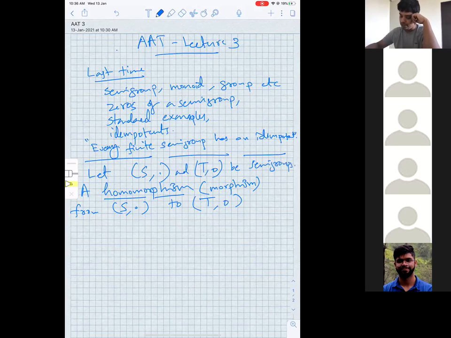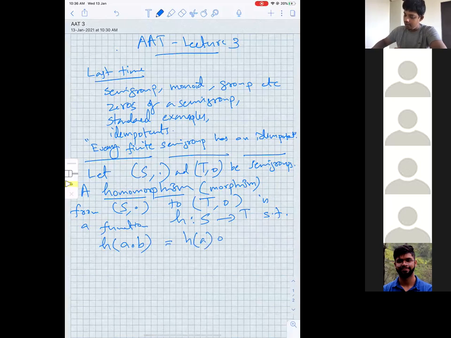I have two semigroups. One is called S dot and the other is called T circle. Dot is the semigroup operation in S, circle is the semigroup operation in T. A homomorphism from S dot to T circle is a function h from S to T such that h of A dot B is equal to h of A circle h of B.